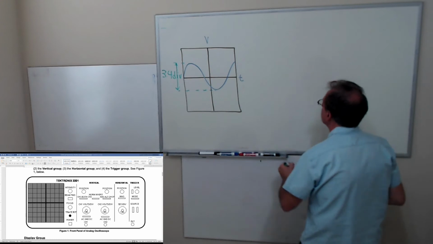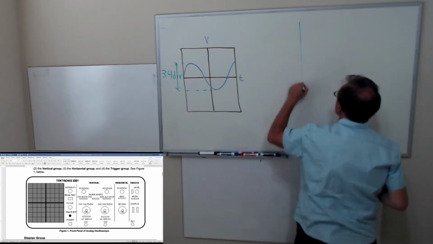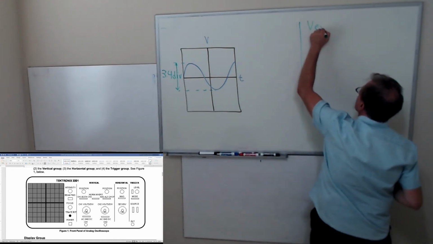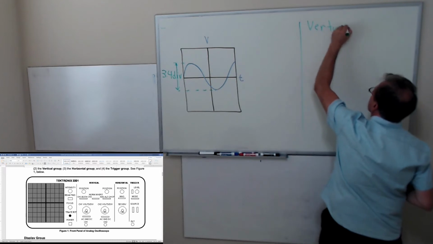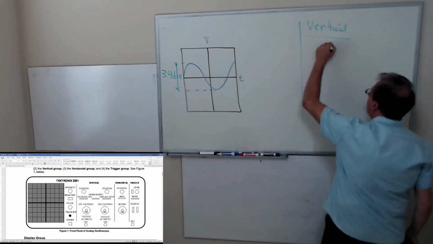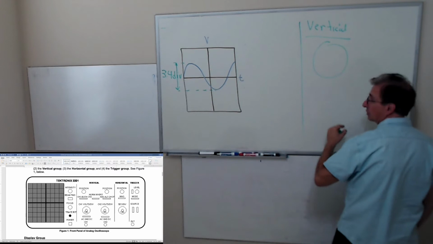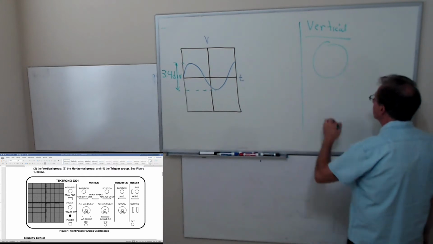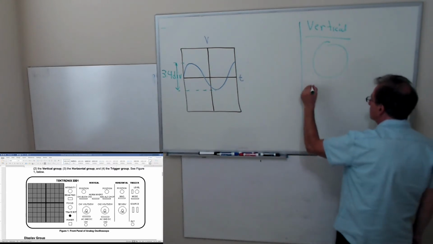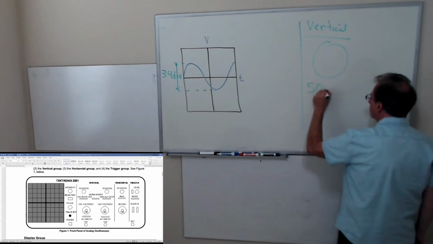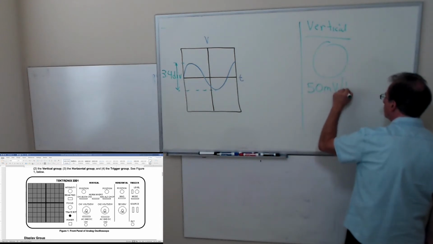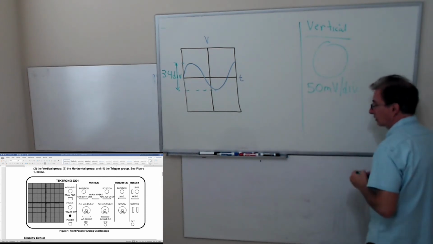Okay, so let's say the vertical has this knob that you adjust. And let's say you adjust the scale so it says 50 millivolts per division.